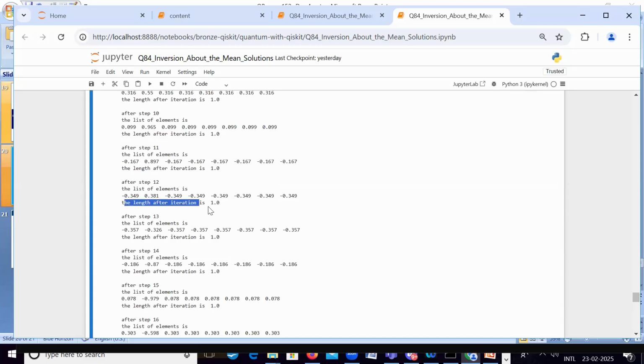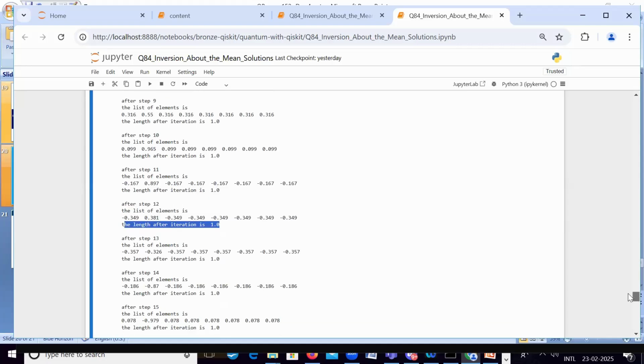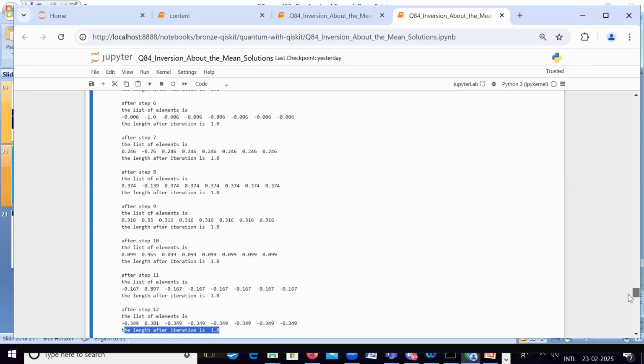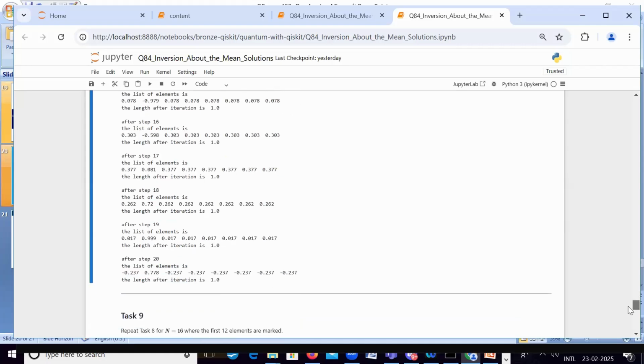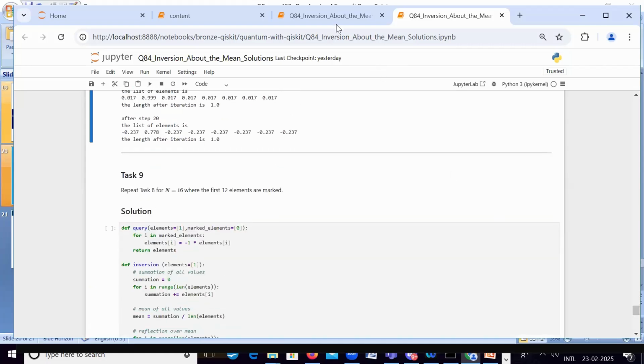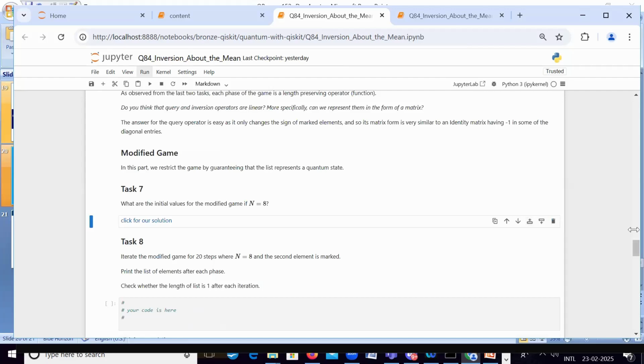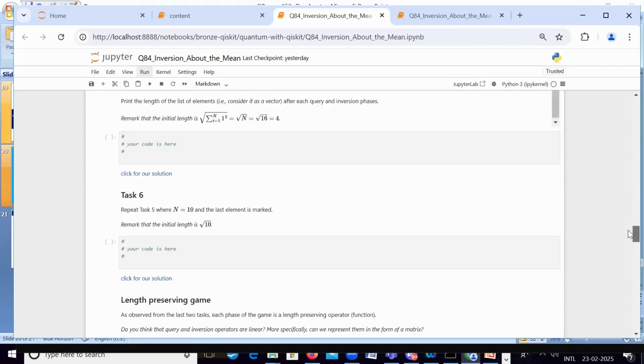The length of the list is 1, 1, 1, everywhere it is 1, irrespective of the elements of the list. List has different elements here. We can see different one, but its length is being preserved to 1 in all set of the elements. So now this has satisfied the condition which were given in this one.